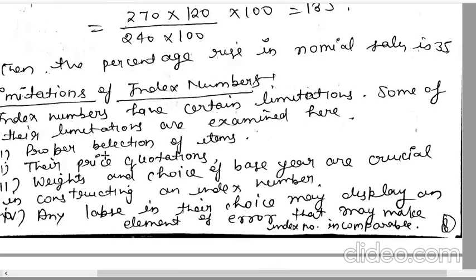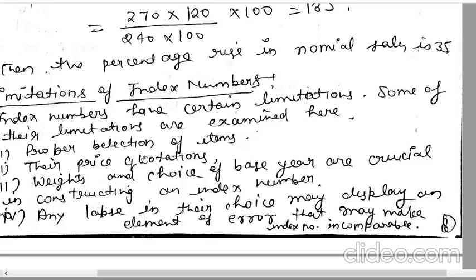First one, proper selection of items. Second one, their price quotations. Third one, weights and choice of base year are crucial in constructing an index number. Fourth one, any lapse in their choice may display an element of error.